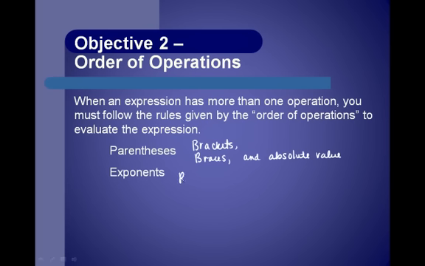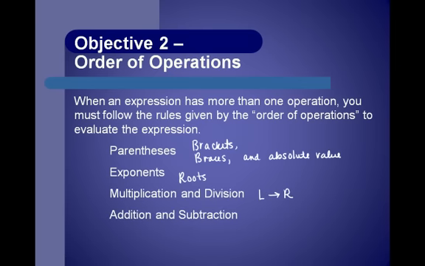This will also include roots once we learn how to do radicals. Then we have multiplication and division, which means you multiply and divide in order from left to right. And then we have addition and subtraction, same thing. We perform these operations in order from left to right.